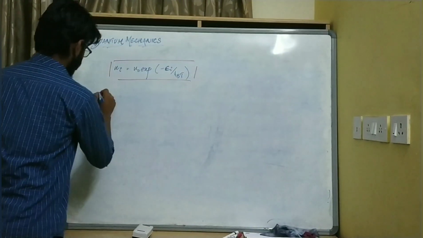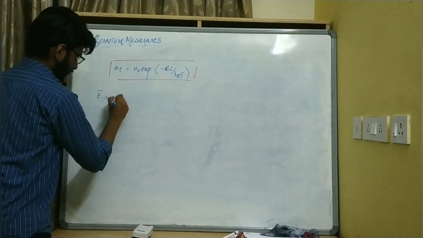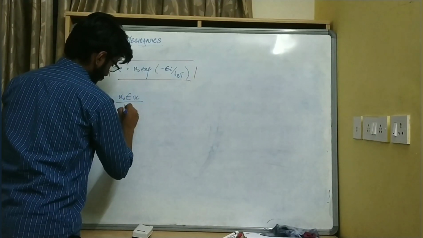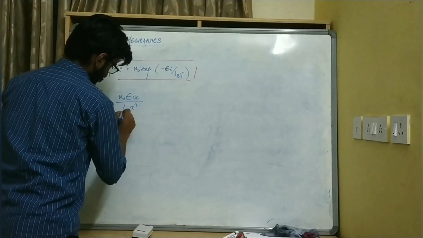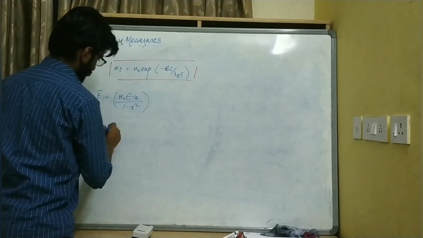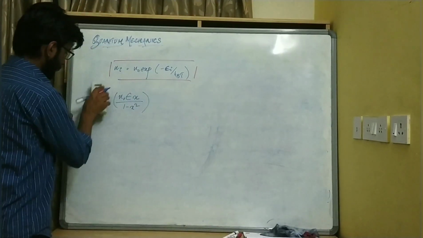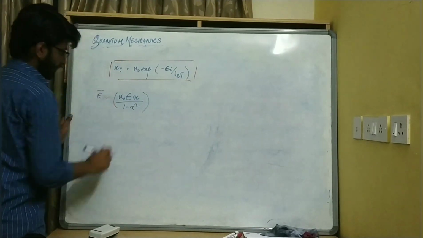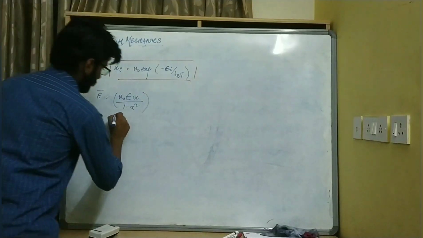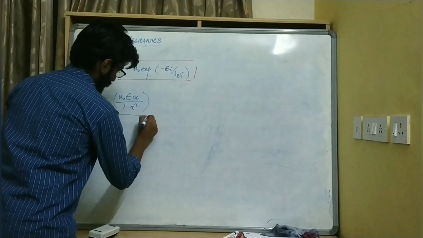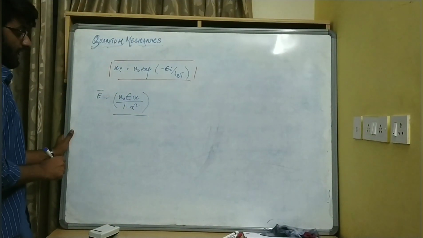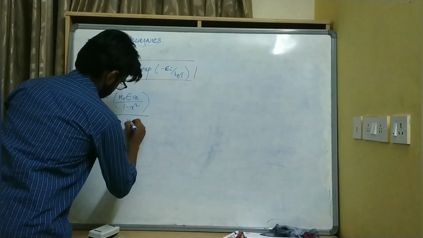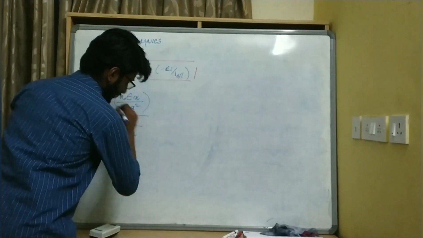The average energy then becomes n0 epsilon x by 1 minus x square, and this is the numerator of E average by, if you remember, n0 by 1 minus x.